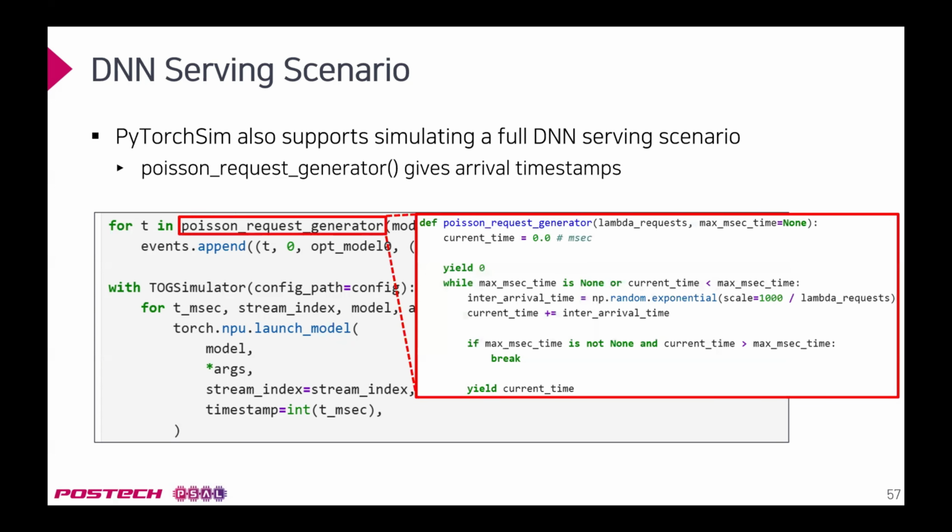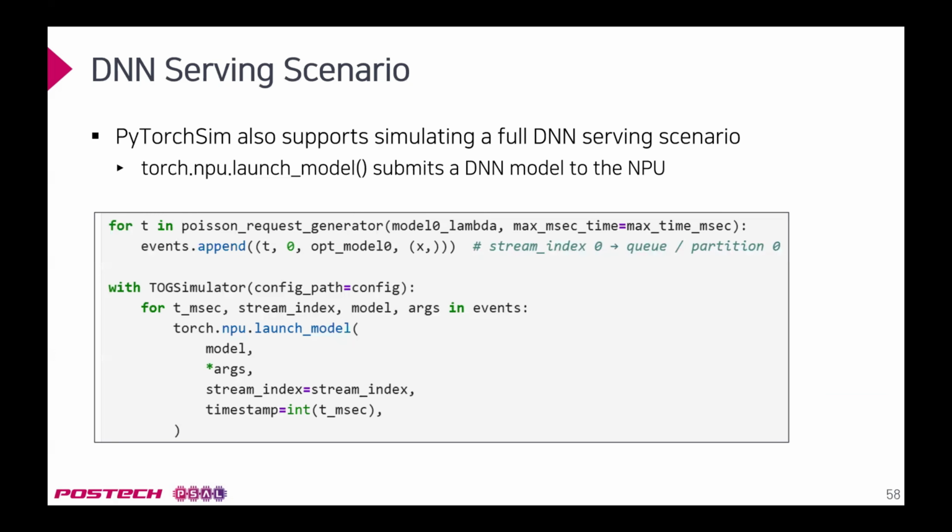The Poisson request generator function generates arrival timestamps following a Poisson process. And the key API for this is TorchNPU launch model. You pass in the compiled model, its input arguments, a stream index that maps to a hardware partition, and the arrival timestamp.